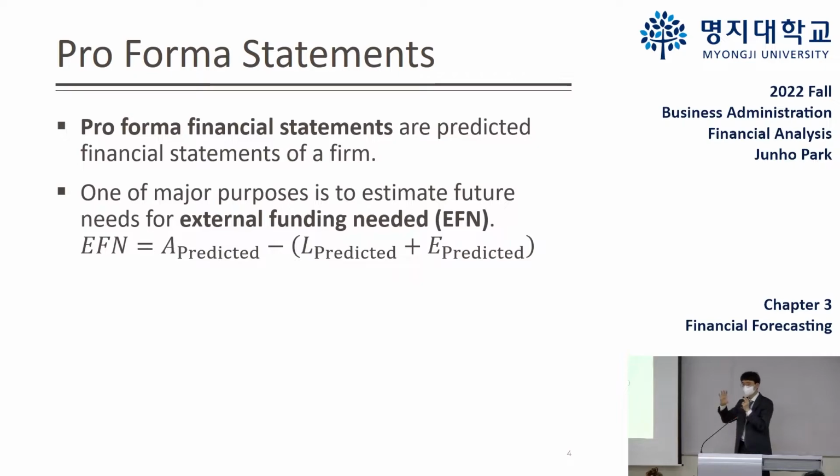And then because the sales have increased, we need to support these assets by using our funds, and funds are represented by our liabilities and equity in the balance sheet. So by comparing the current level of liabilities and equity we have with the assets that we are going to need in the future, we can precisely calculate how much we should raise from outside.